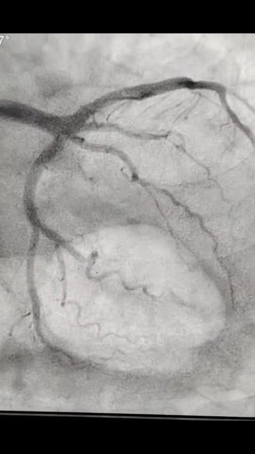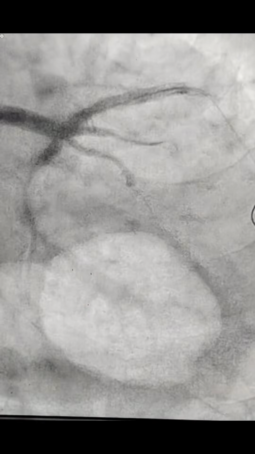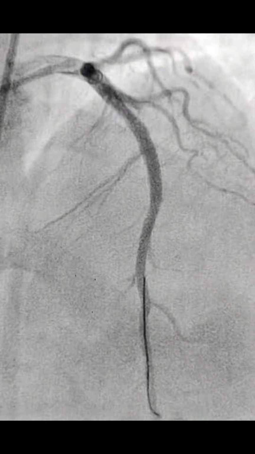This is a caudal view, and then we overlapped the stent, and this is a complete picture after the major LAD stent. Two stents were deployed. Proximal was 3.5 by 24, and the mid was 3 by 20, and there was a TIMI 3 flow. This was a cranial view.